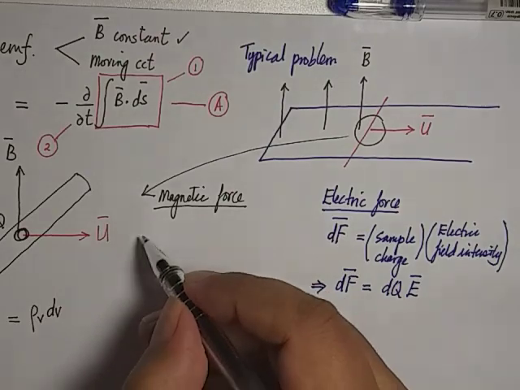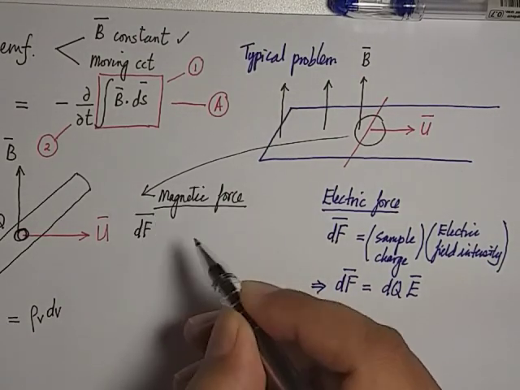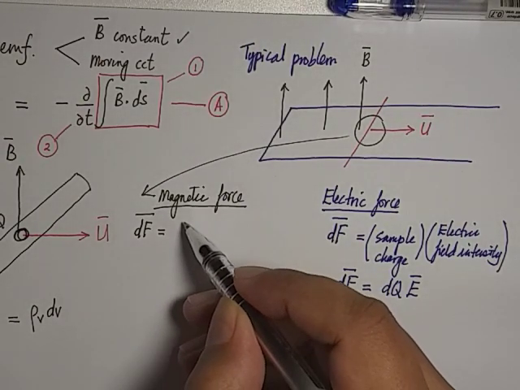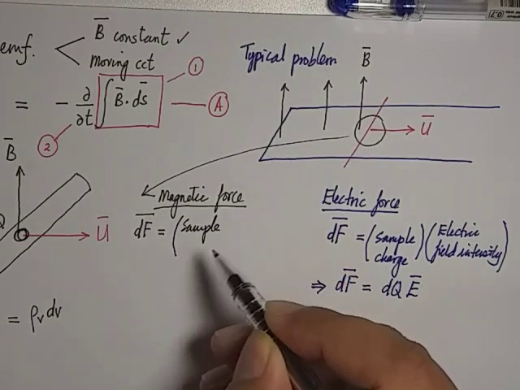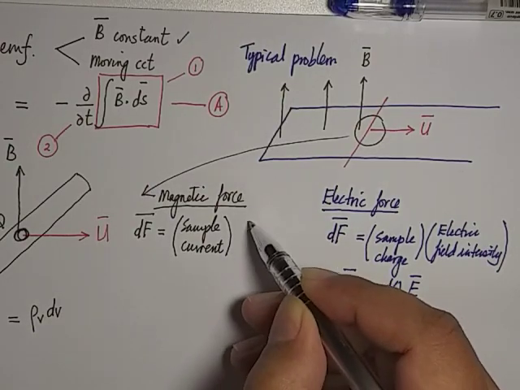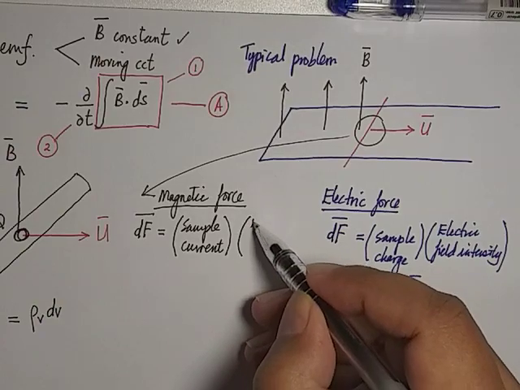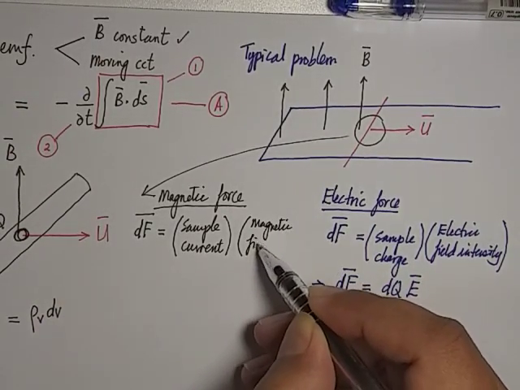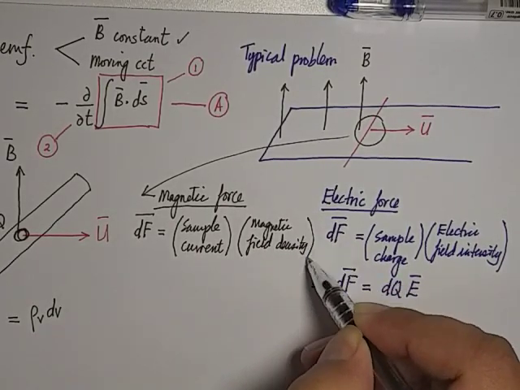I'm going to say to myself, magnetic force dF is going to be sample current, and then we're going to multiply with magnetic field density. So that should be the analogy now.